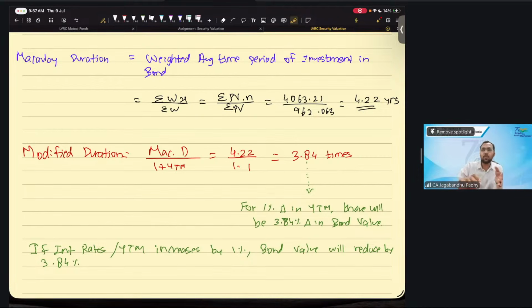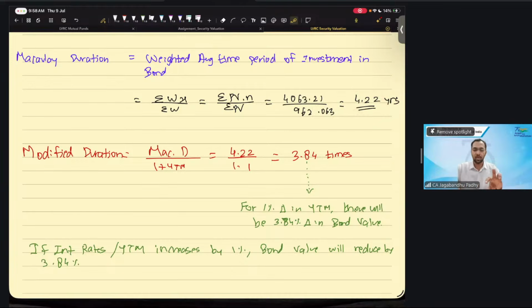So if there is a change in interest rate, you can create a portfolio of bonds whose value is not going to be affected by the change in the YTM. And that can be simply done by creating a portfolio which has a Macaulay duration equal to your target duration.